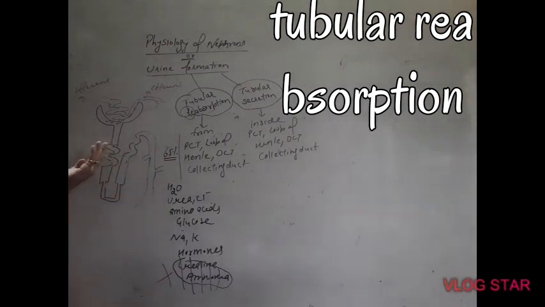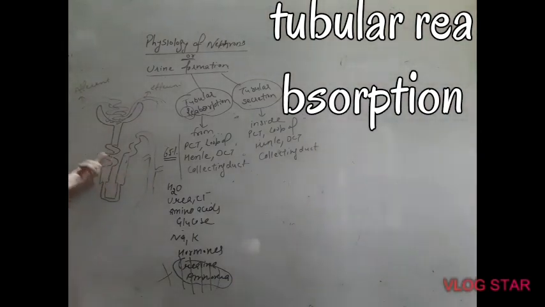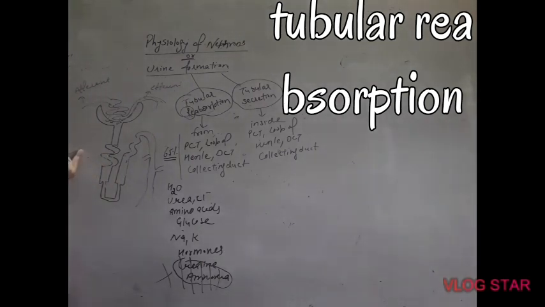Now reabsorption of substances actually is transportation of these substances from one place to another, from glomerular filtrate into the blood plasma, into the blood of the vasa recta or peritubular network. Now how does this transportation take place? This transportation is of various types: osmosis, diffusion, active transportation, passive transportation.